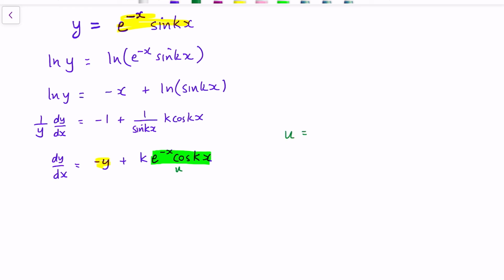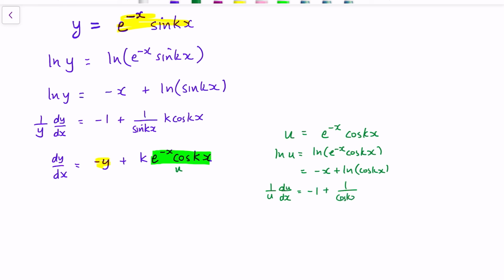So if I've got u is equal to e to the minus x cos kx, using a similar approach by logging both sides, and then turning it into a sum, diffing implicitly, and then multiplying through by u, the cosine kx's will cancel, and then realizing again that the y thing turns up in here because of the fact that sine and cosine alternate when we're differentiating.